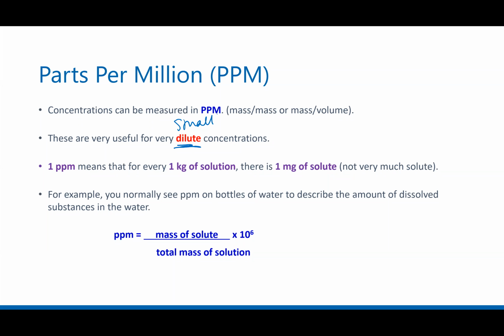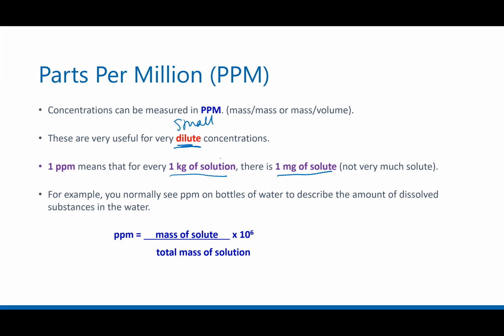We typically use parts per million when testing water quality because, if you look at the ocean or a river or a lake, there's an incredible amount of water, and the solute dissolved in that is very small. Now, ppm is technically represented by 1 kilogram of solution over 1 milligram of solute.